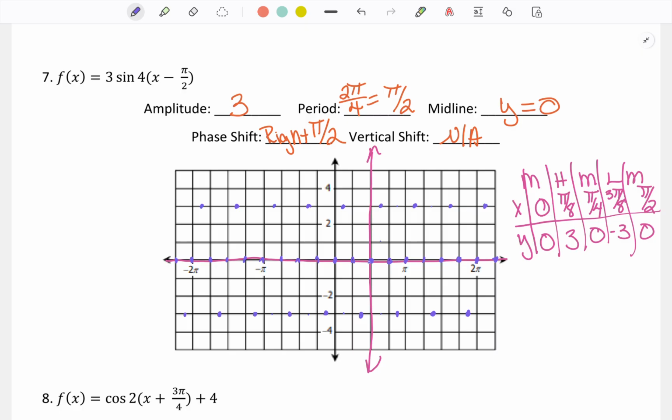And starting from 0, we're going to go up and then back down.